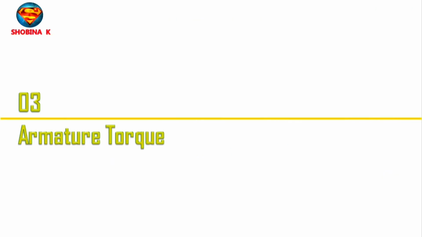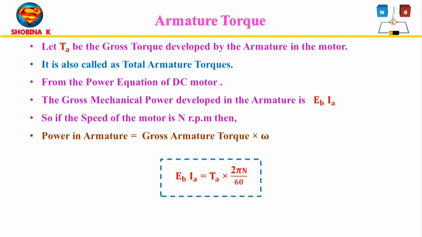Next, the armature torque. Let TA be the gross torque developed by the armature in the motor. It is also called as total armature torque. From the power equation of DC motor, the gross mechanical power developed in armature is EB IA. So if the speed of the motor is N RPM, then the power in armature is gross armature torque into omega. That is EB IA equals TA into 2 pi N by 60.